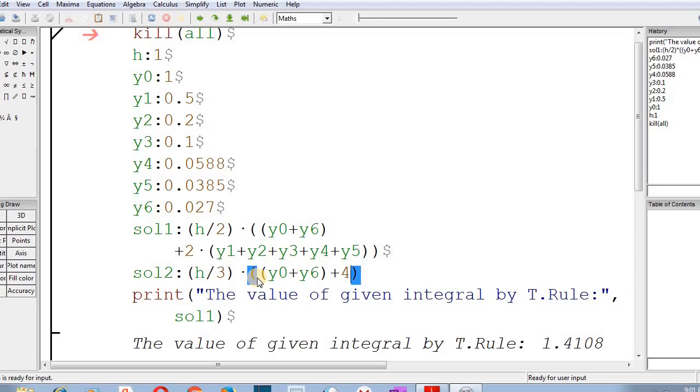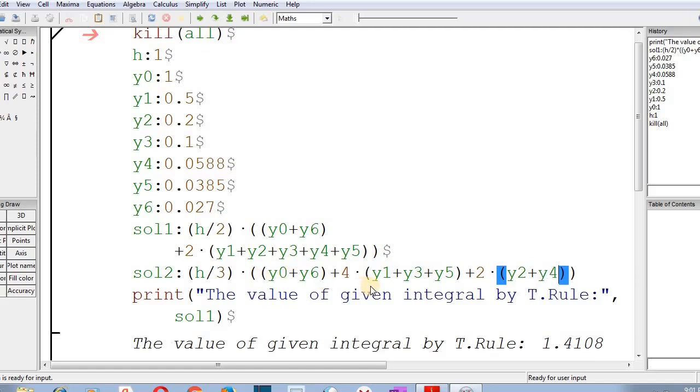4 times, make it 4 star, and the odd values will be y1 plus y3 plus y5, because up to y6 only we have the values. So all odd values will be taken here. Next make it plus 2 times all even values, y2 plus y4, right?